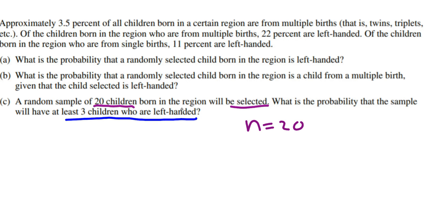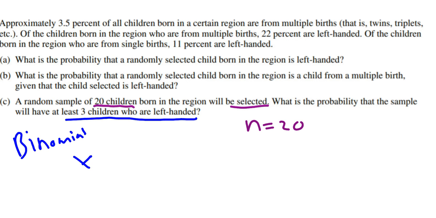If you think about it, we want a certain number of successes. We want at least 3 children out of 20 to be left-handed. And whenever you see that kind of question, where they have a certain number of successes they want to see within a fixed number of trials, you know that you're in for something binomial. Okay, so let's make a variable.